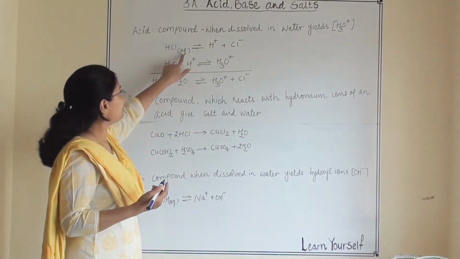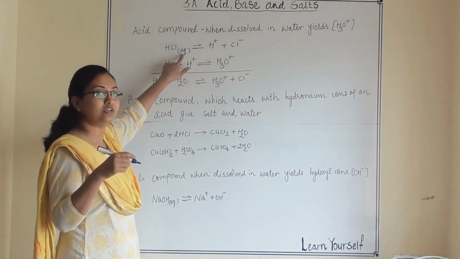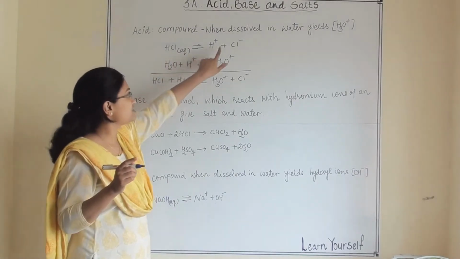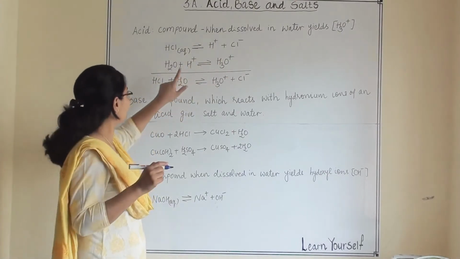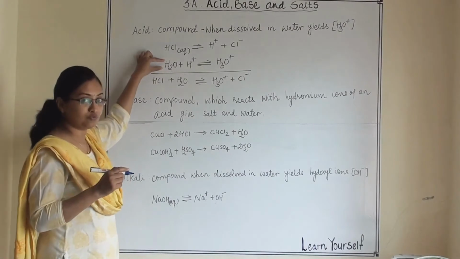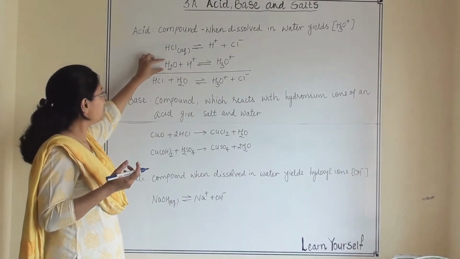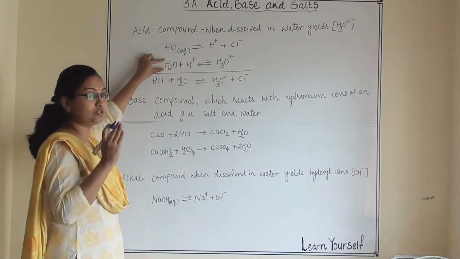So HCl, when it is in aqueous phase, aqueous means when you are dissolving in the water, it gives you H plus and Cl minus. Now here we have taken the aqueous phase, because this is HCl, you are mixing in water. So let us see from the perspective of water.